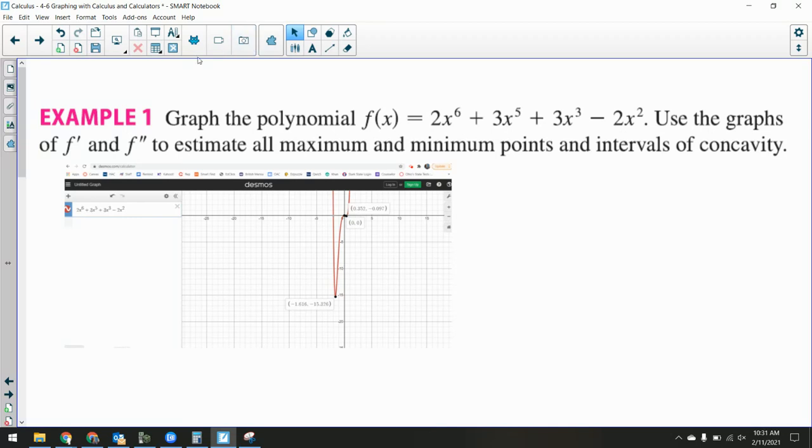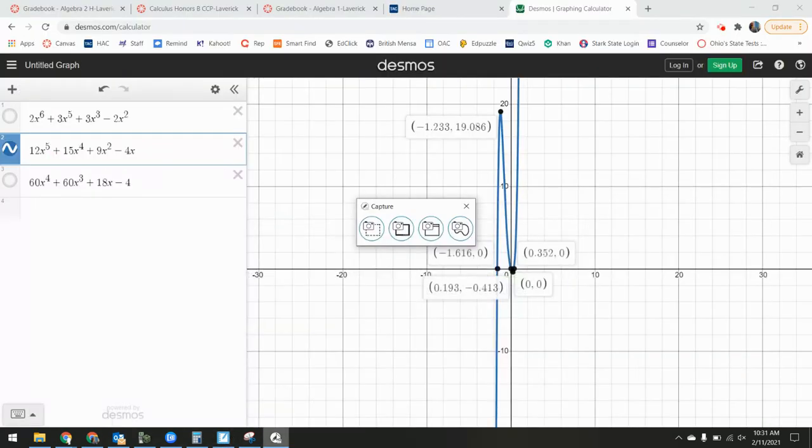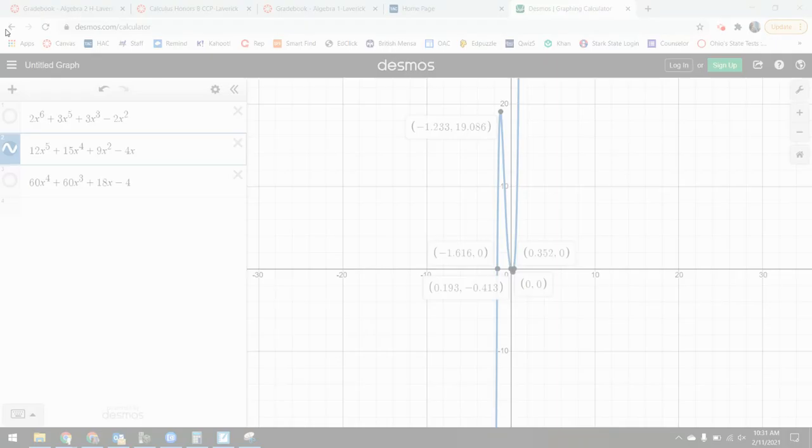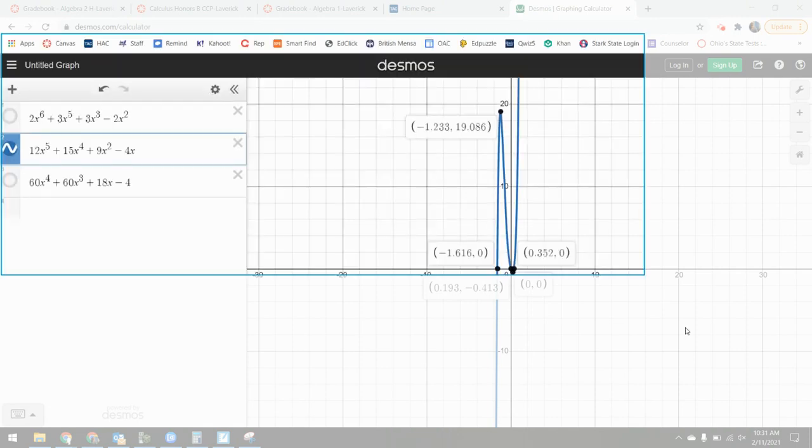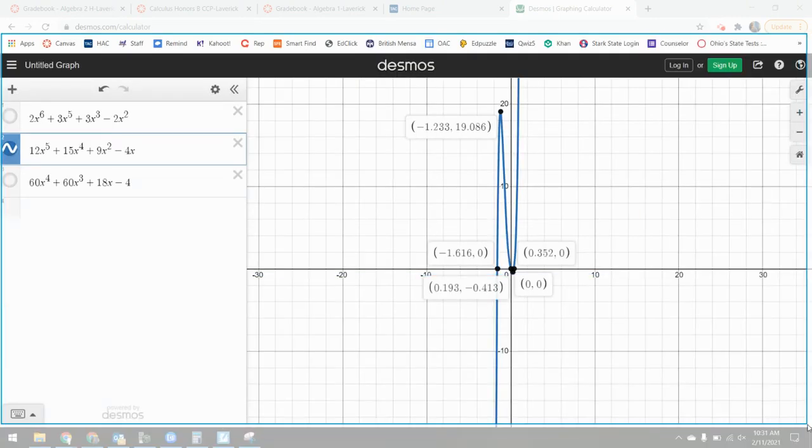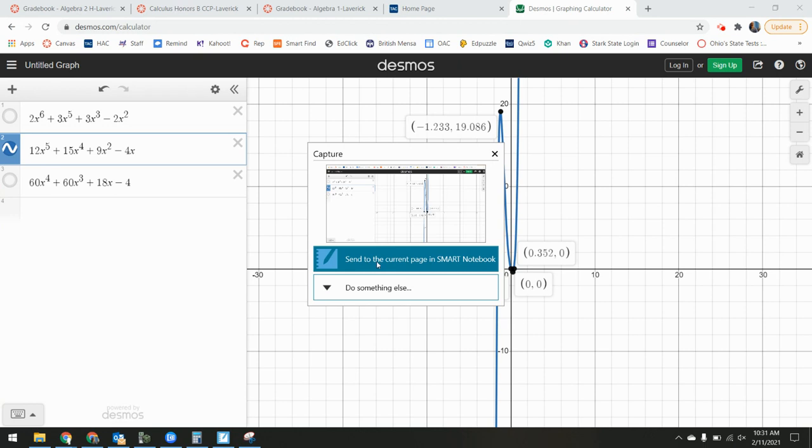And you also can't choose two graphs and reveal points on both of them at the same time. Yes, and you'll see why here in a second. I'm going to screenshot this. Okay. And this is my derivative.